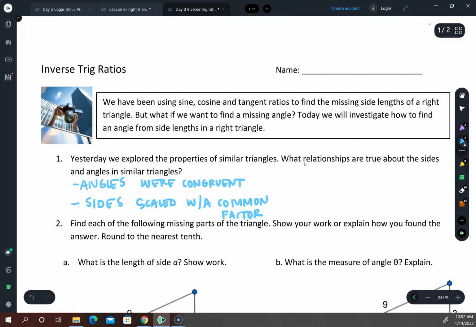Okay. So also that sine, cosine, and tangent ratios were constant for fixed angle measurements.